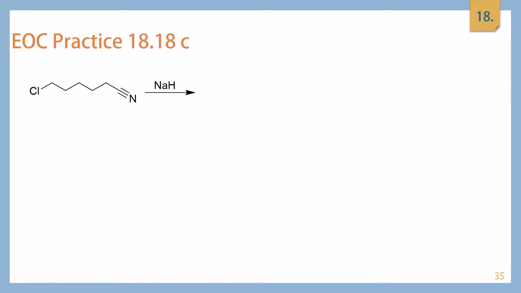Okay, if you're back for a hint, what is the name of this? This is sodium plus and H minus. What is this guy and what is it used for? So our reagent here is sodium hydride.